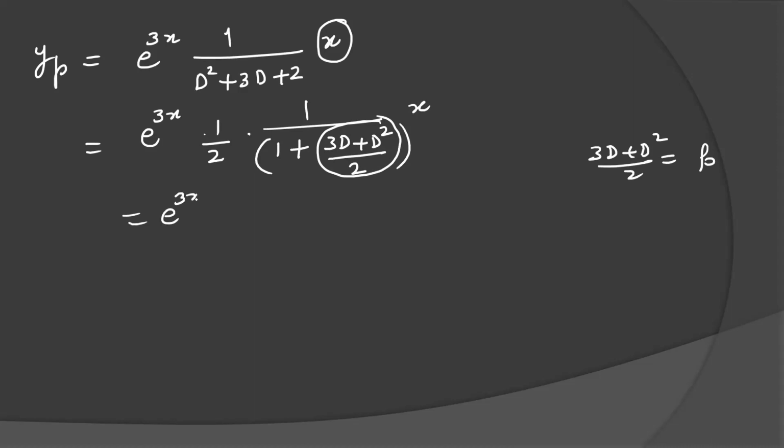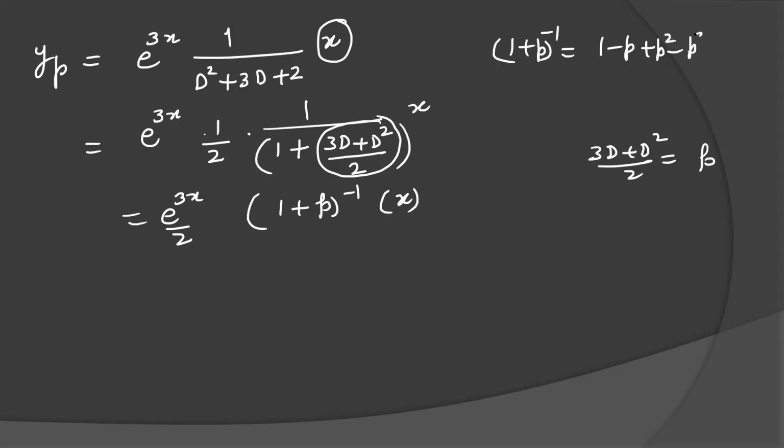So it is e to the power 3x by 2 now, 1 plus p to the power minus 1 into x. Okay, because if the denominator goes in the numerator, the power will be minus 1. And I told you the expansion of 1 plus p to the power minus 1. It is 1 minus p plus p square minus p cube plus so on. See my lecture 4.